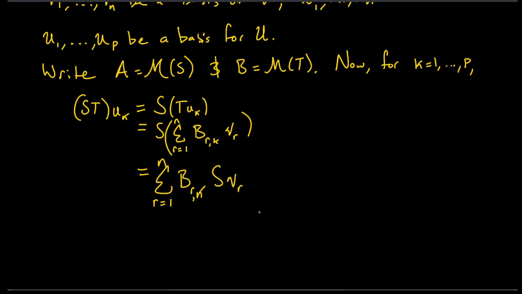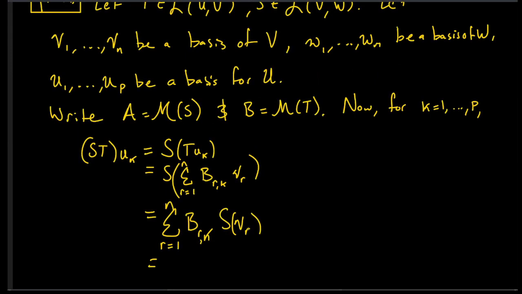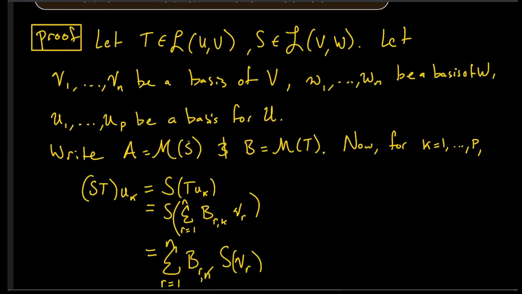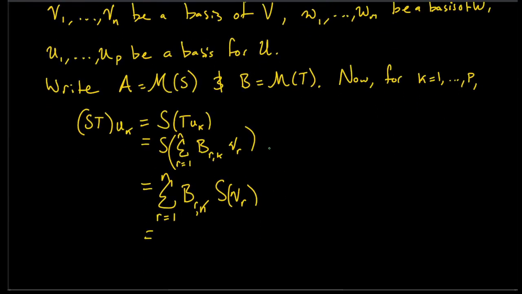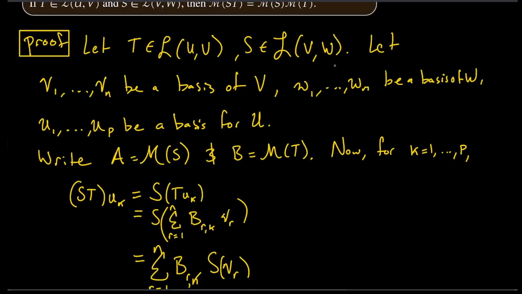So now I've got a sum from r equals 1 to n of B_rk S V_r. But hey, S V_r, and I'll even put a parenthesis there just to make it super clear, that is the S image of V_r. But the matrix of S, which we're writing as A right here, if we want to know how to represent S V_r as a linear combination of the basis of W, W1 through Wm, that is just given by taking the rth column of A and using those entries as the coefficients in the linear combination of W1 through Wm.